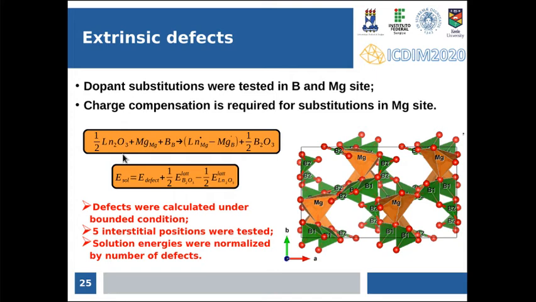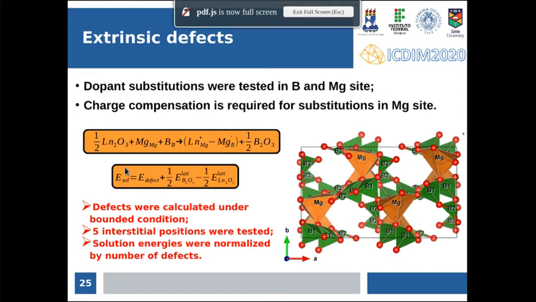In the product side you have the defect, lanthanide in magnesium. The magnesium goes to the boron site, and as a consequence you have one boron oxide released to the surface of the material, to infinity in theoretical terms.